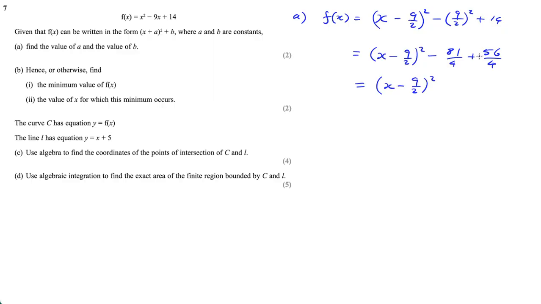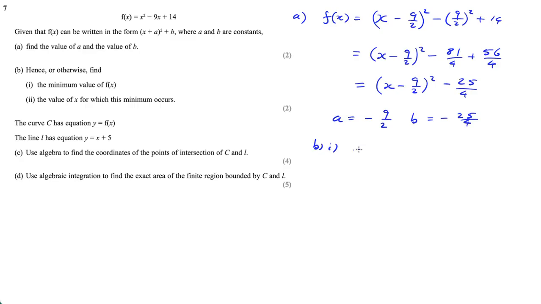That is 25, guys. I believe that is minus 25 over 4. Okay, so a is equal to negative 9 over 2, and b is equal to negative 25 over 4.